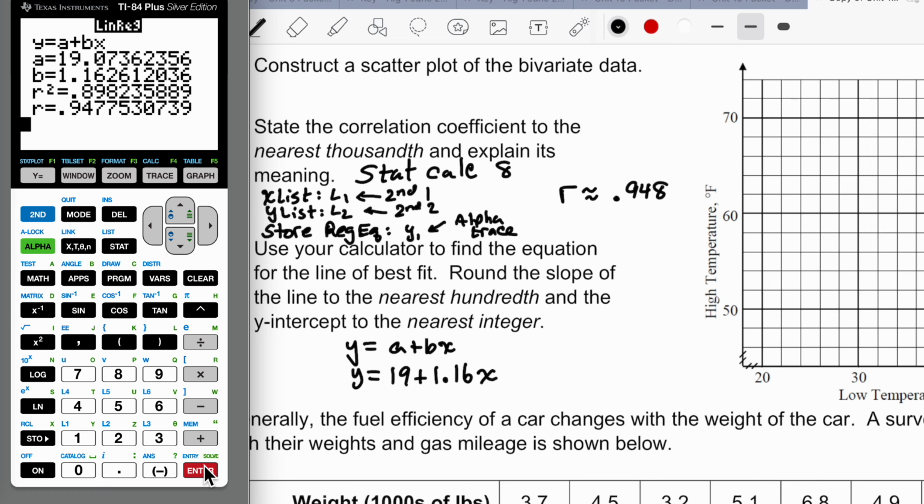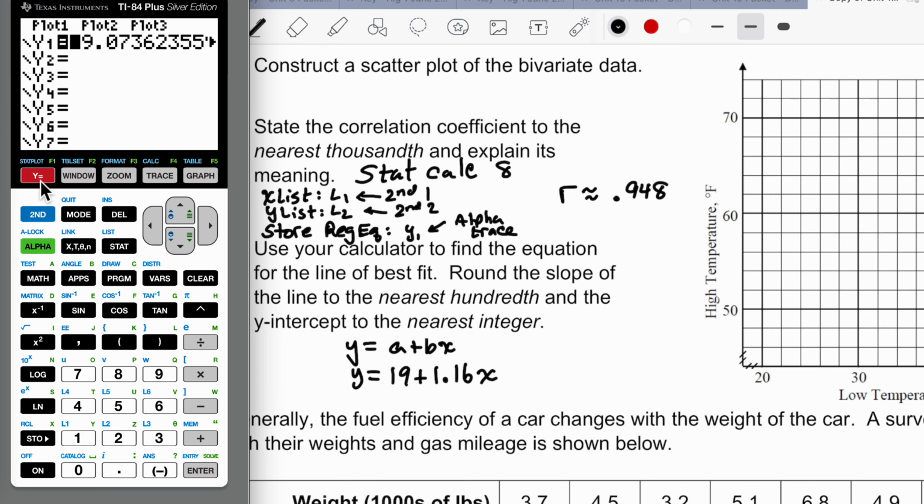All right. Now the reason we did the store regression equation, it actually ended up not being necessary for this problem, but it's a good habit to get into because it'll almost always be necessary. The store regression equation takes whatever that line equation is, in its most exact form, and puts it into y equals.